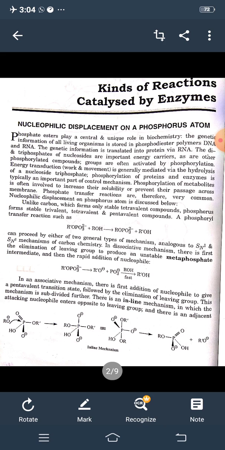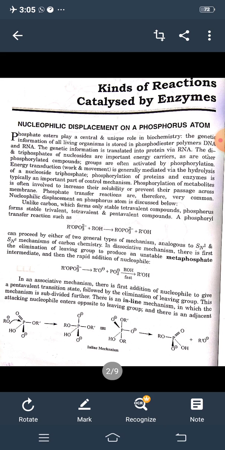As we know, phosphate esters play a central and unique role in biochemistry. The genetic information of all living organisms is stored in phosphatidyl polymer, DNA and RNA. The genetic information is translated into proteins via ribose nucleic acid, means RNA.